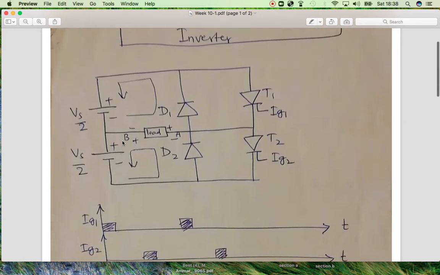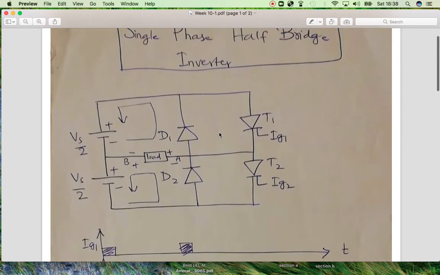So what happens over here is that when we turn on this T1 and this is off, then the current flows from the Vs by 2 voltage source towards this thyristor.